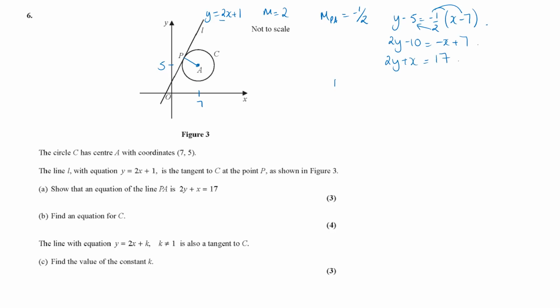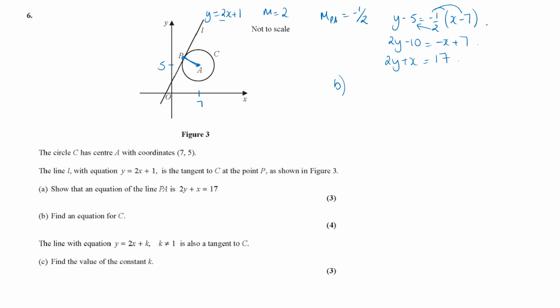Okay, part B, we're being asked to find the equation for the circle, which is C. So we know it goes through the centre 7, 5, so what we need to do is find out how big the radius is. So we know the equation of this line being 2y plus x equal to 17.